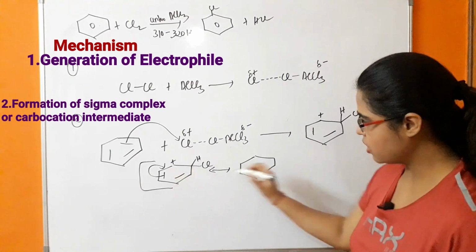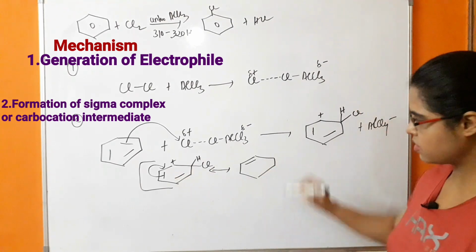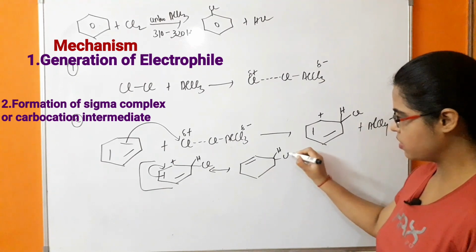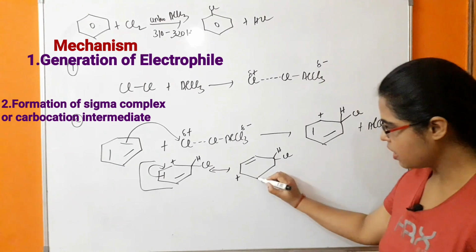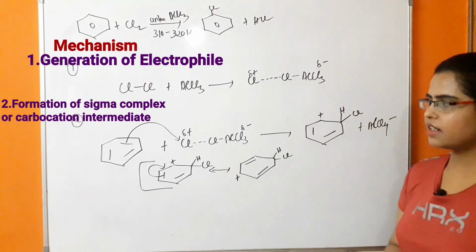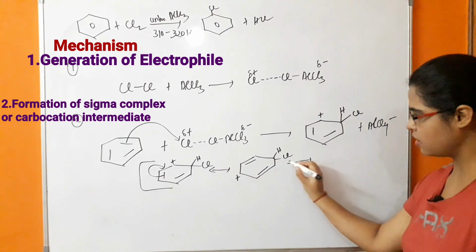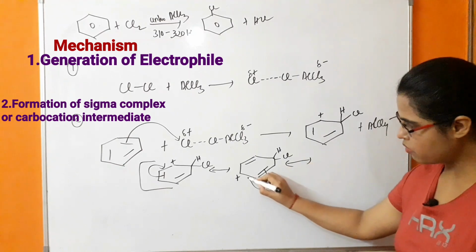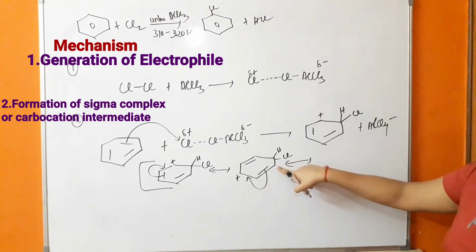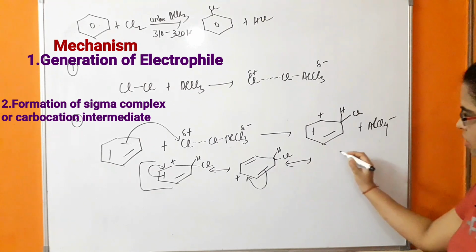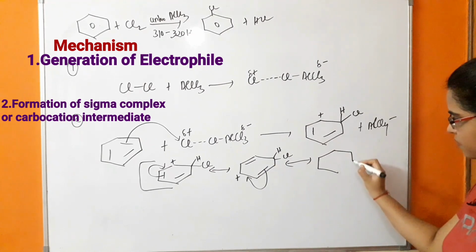So there is formation of a pi bond in this place, hydrogen and Cl, and positive charge will be coming on this position and one pi bond at this position. Further, this pi bond will be shifted towards this position. Because of that, the positive charge will be coming on this position. So further, what is happening?